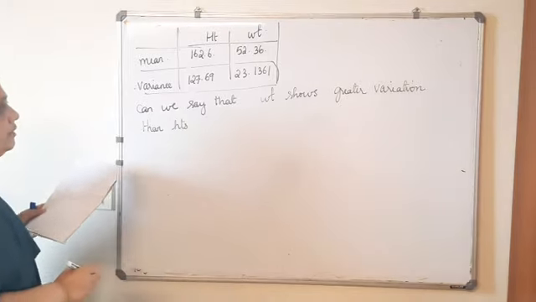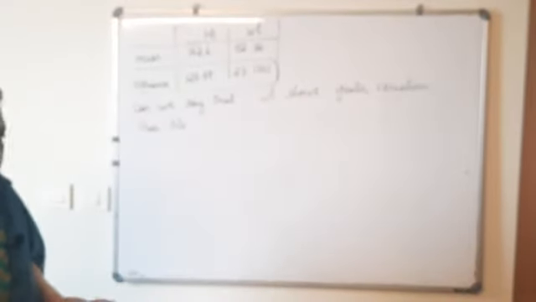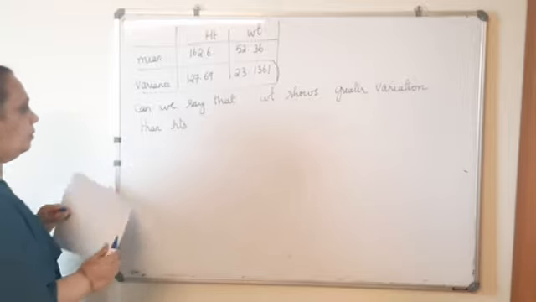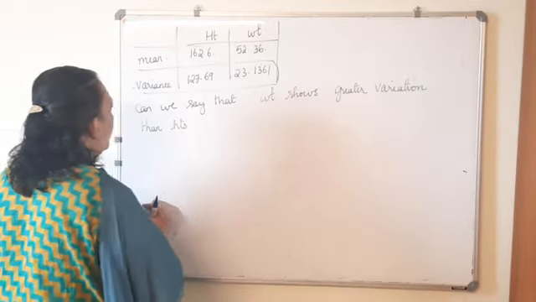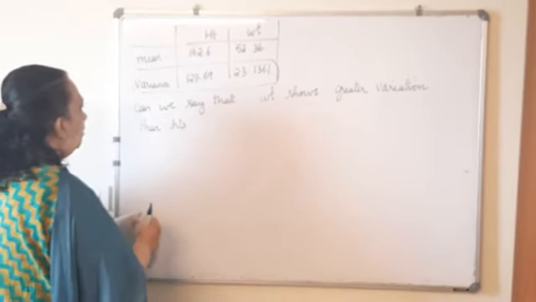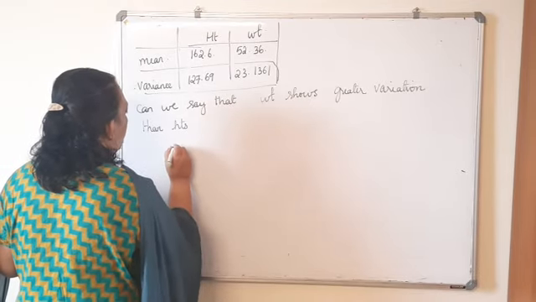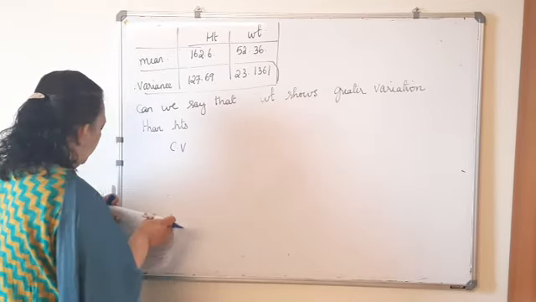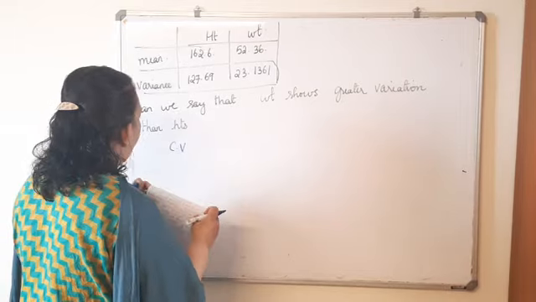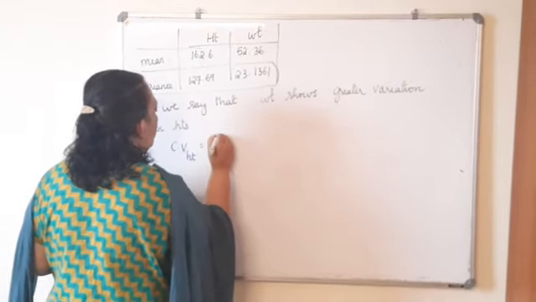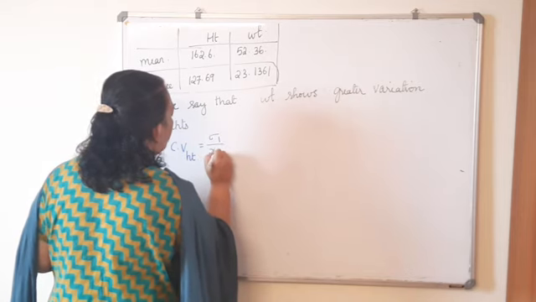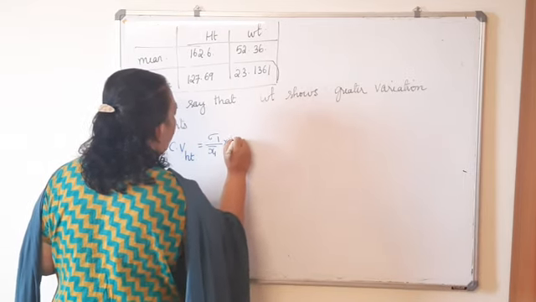In that case, when it comes to variation, you have to use the formula for coefficient of variation. Coefficient of variation for height is equal to sigma 1 by x1 bar into 100.